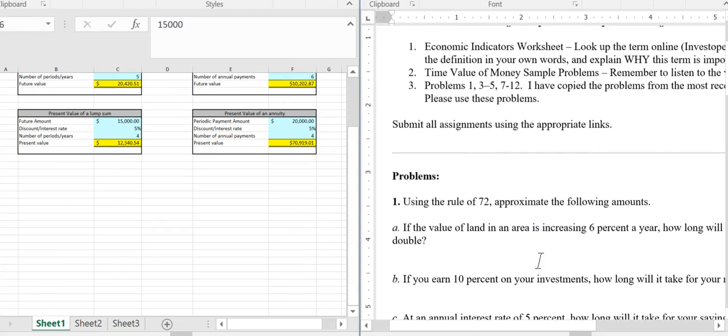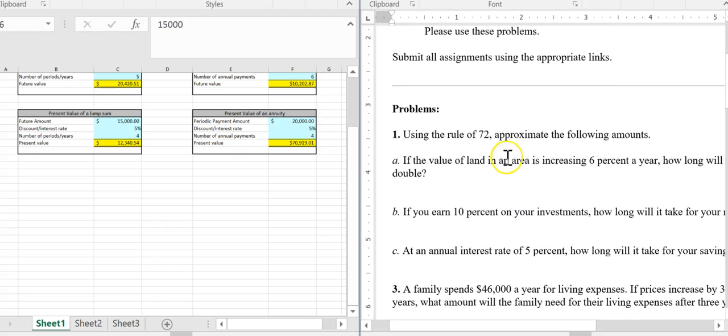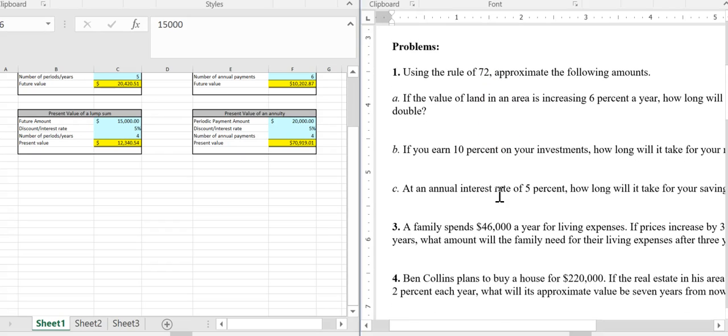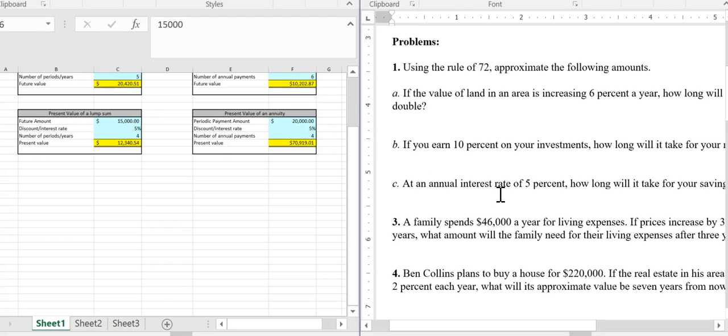Okay, so problems here. Rule of 72. It's not in your book, but is it on Google? Yes. Super simple? Yes. And I really want you to figure it out for yourself and make sure you know how to use it because it's going to be on your quiz. You will have a problem on Rule of 72, and I'm confident you can figure it out.